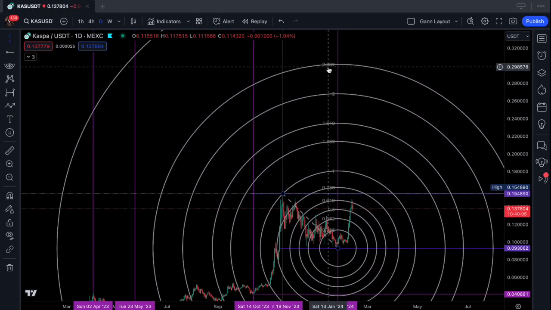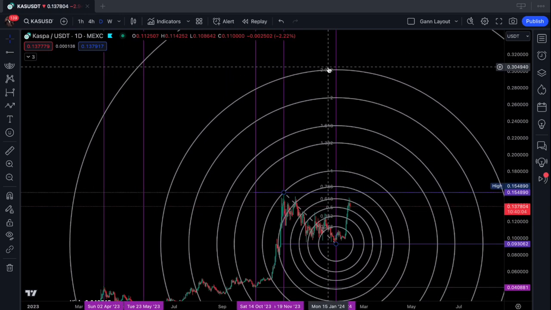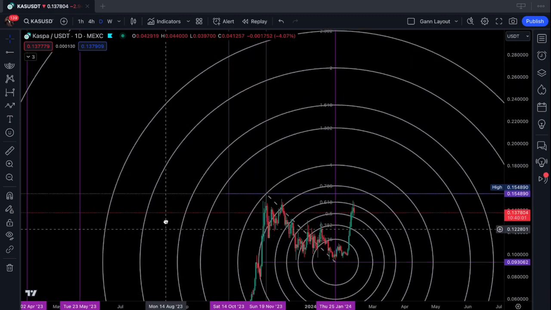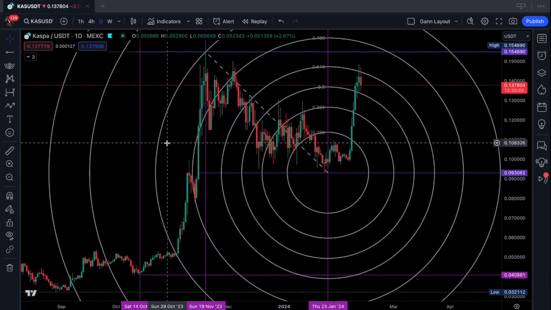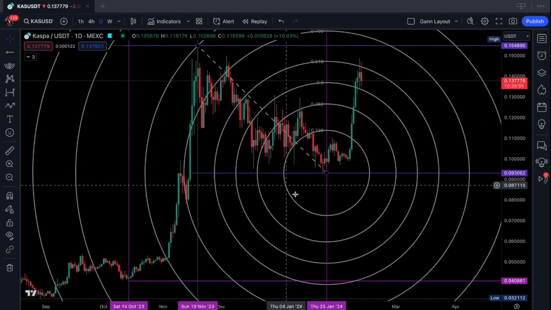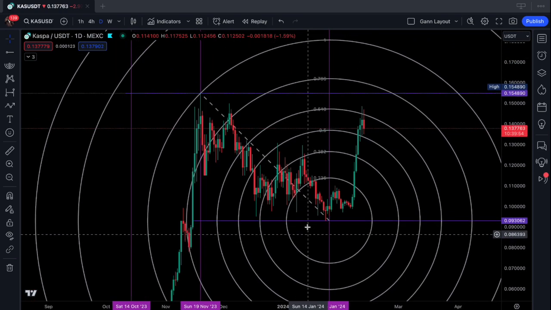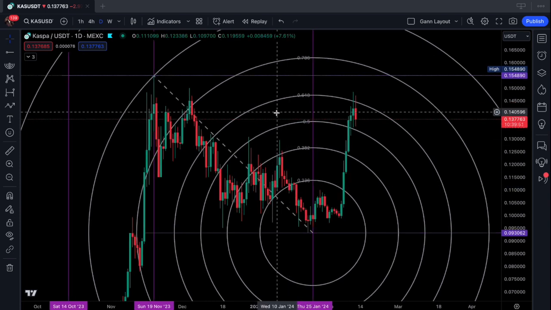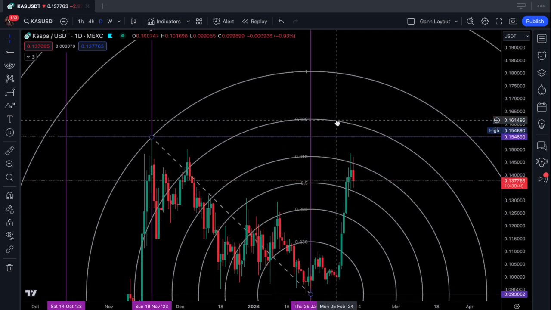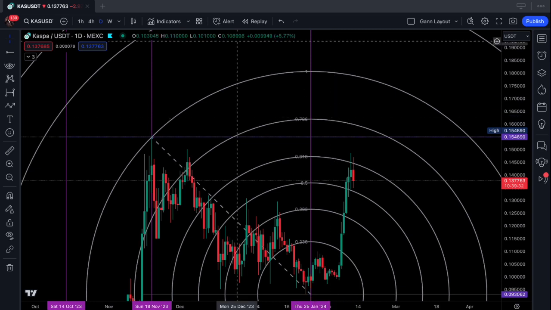Am I right or wrong? Only time will tell, but I already pulled this fib speed resistance arc. It doesn't cost me anything. And if and when price gets to these levels, I will have something that I didn't have before to evaluate if price is behaving in a predictable manner, yes or no. Okay, that's it for fib speed resistance arcs to find resistance.